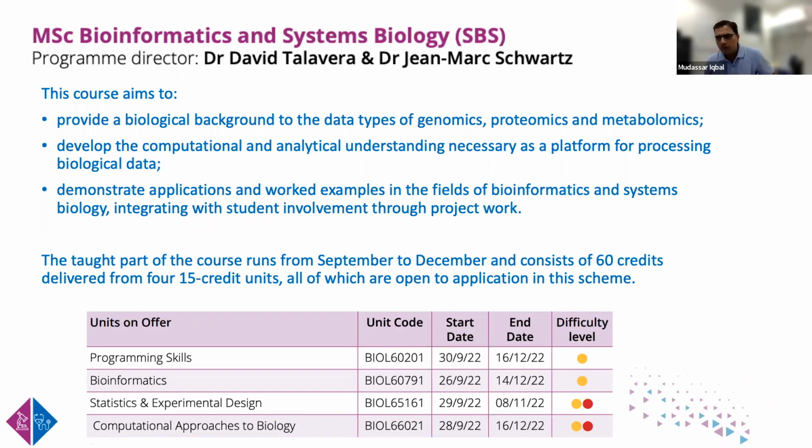We have 4 units, starting with bioinformatics, which covers practical tools and techniques for sequence and structural analysis, and wider bioinformatics databases and resources for different omics analysis. The programming skills module covers Python and Java programming with biological and biomedical applications.